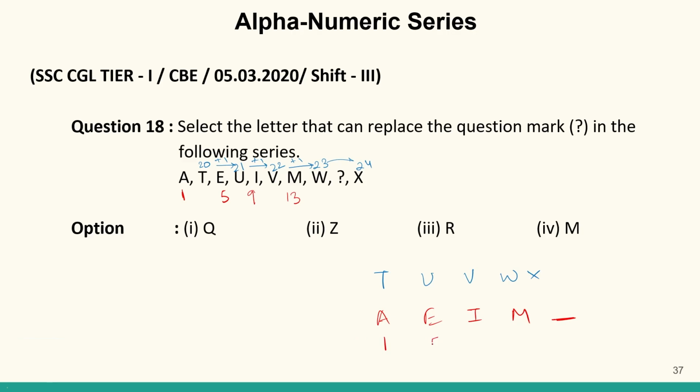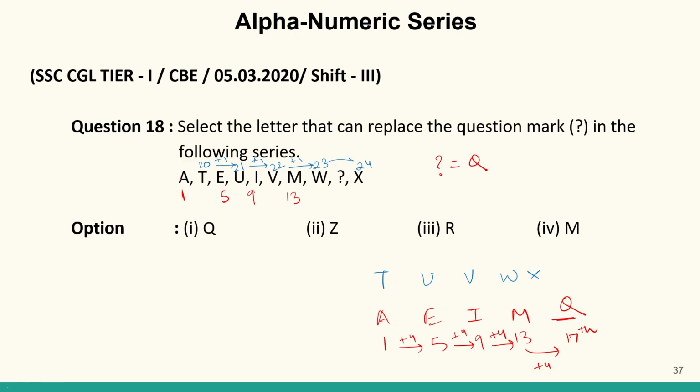So A is 1, 5, 9, and 13. Clearly, 4 positions are being increased. Here also 4 positions are being increased, and here also. So we'll increase it by 4 positions. If we increase it by 4 positions, we'll get the 17th position. And which alphabet comes at the 17th position? That is Q. So here the question mark will be equal to Q.